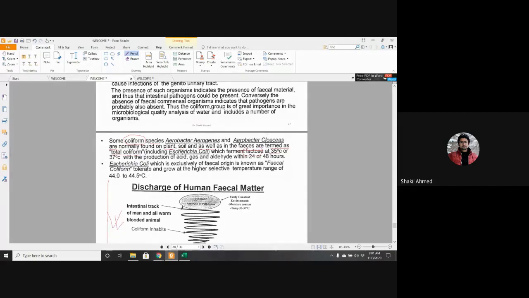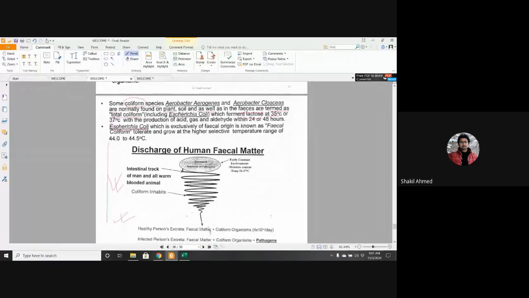And E. coli is exclusively of fecal origin. These bacteria can only be found in the feces of warm-blooded animals. This is called fecal coliform.